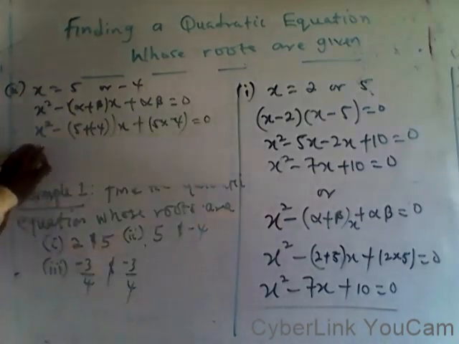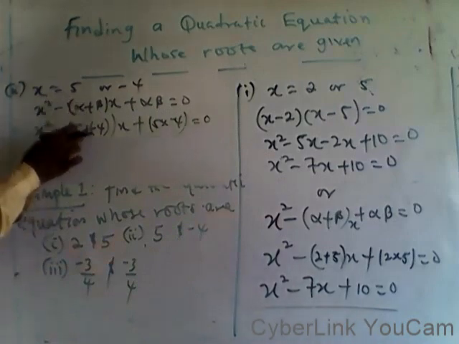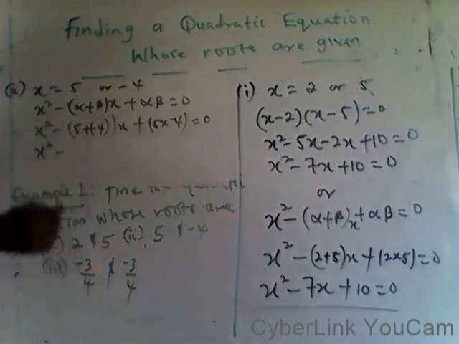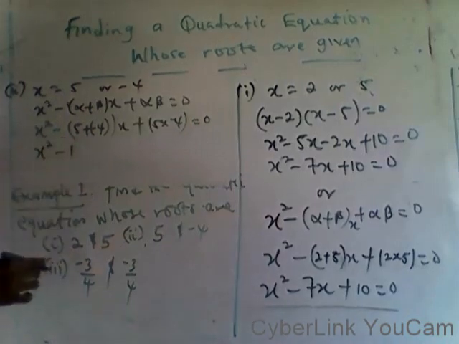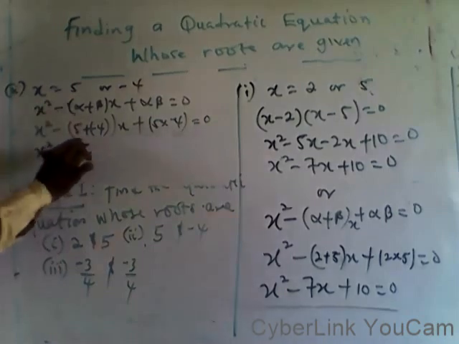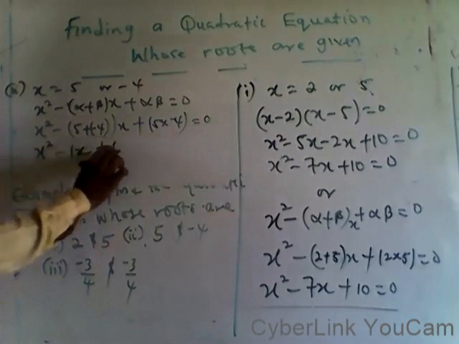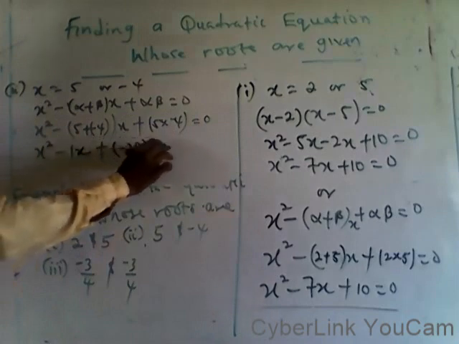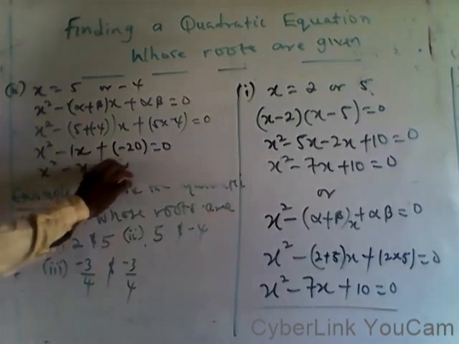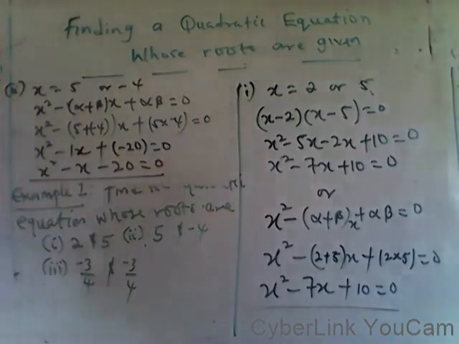So you're going to have x squared minus 5 minus 4, that is 1, so you have 1, then x, then plus 5 times minus 4, which is minus 20, equals 0. Finally, you have x squared minus x minus 20 equals 0. This is your answer. Very simple.